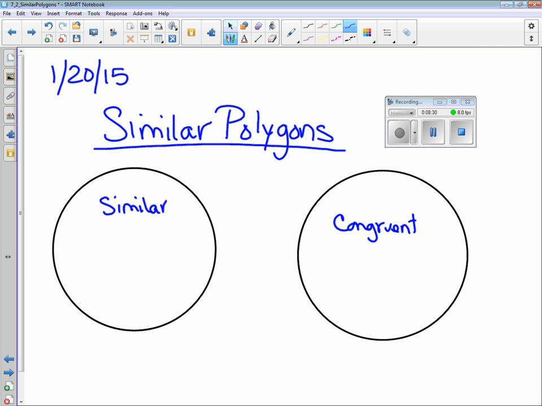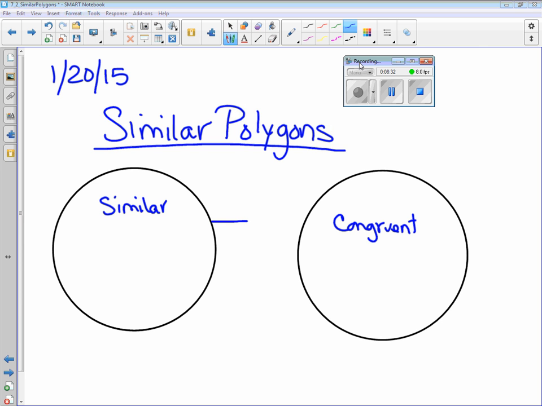Are there any things that they have in common? Are there any things that are only true about similar or only true about congruent? You guys have seen this before? It's kind of a map. Compare and contrast. What do you think?